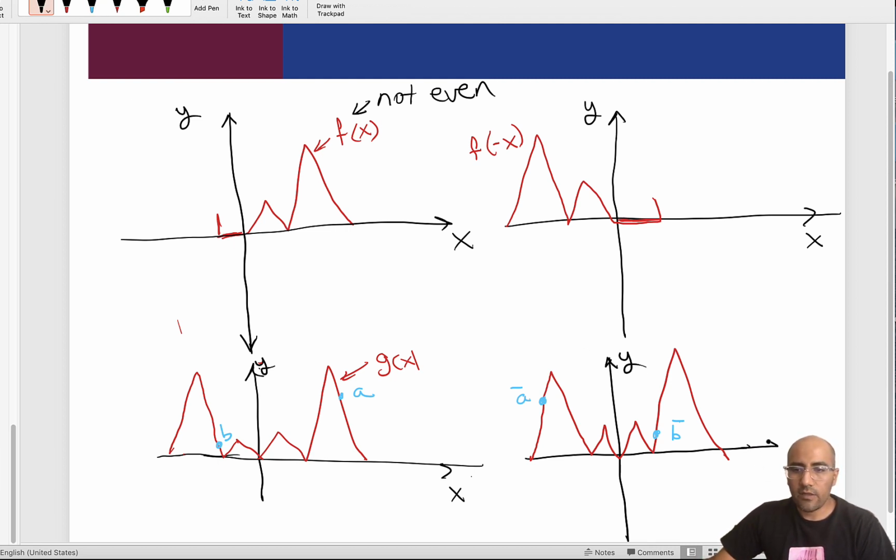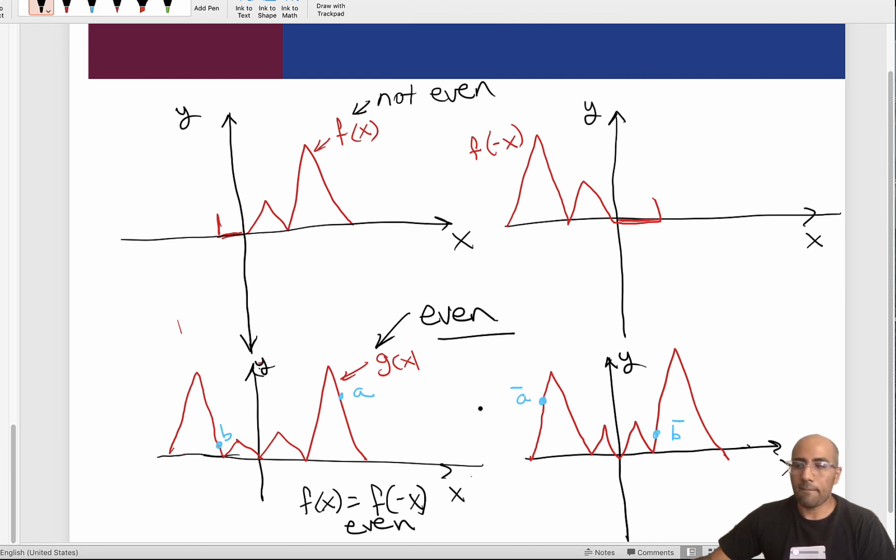So therefore, I can tell that this is the graph of an even function. So I can conclude that this one is even. If you can rotate it about the y-axis and the resulting graph looks identical to the original graph, then it's true that f of x is equivalent to its own reflection about the y-axis, therefore it's even.